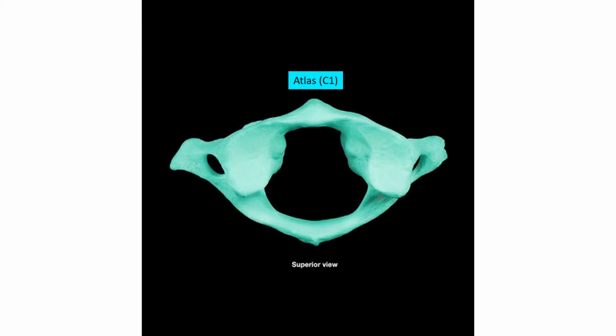Now we have 7 cervical vertebrae, and the next question is, are they all the same structure? The answer is no, they are not. The top one, the C1, is going to have a structure adapted to have the skull sitting on it.